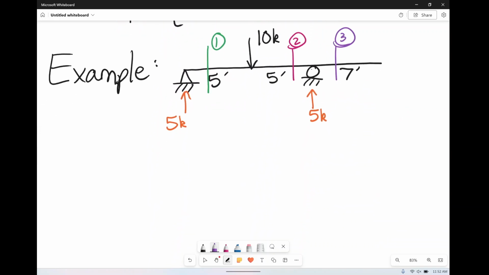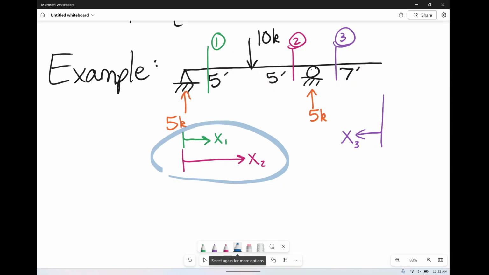So now we need to pick the directions that we're going to measure x from. I'm going to say for the green one, we're going to measure x this way. For the pink one, we're going to say x is this way. But for the purple one, let's take x off the side. I'm going to call them x1, x2, and x3, just so that we can relate them with cut 1, cut 2, and cut 3.